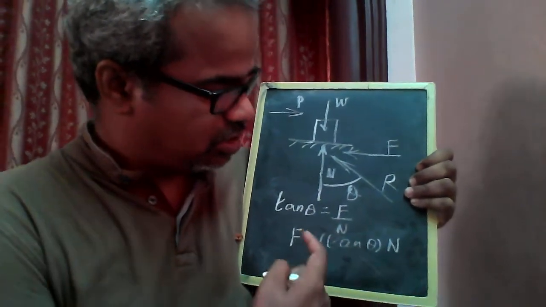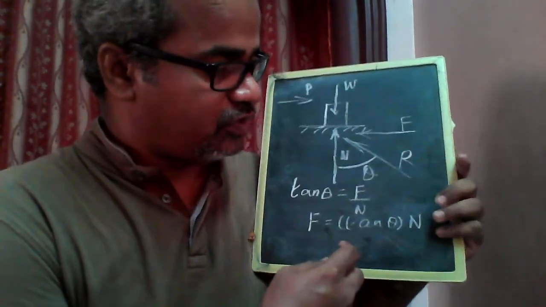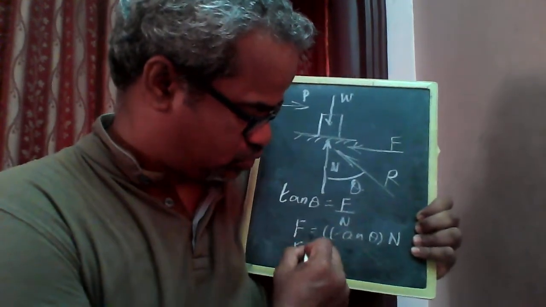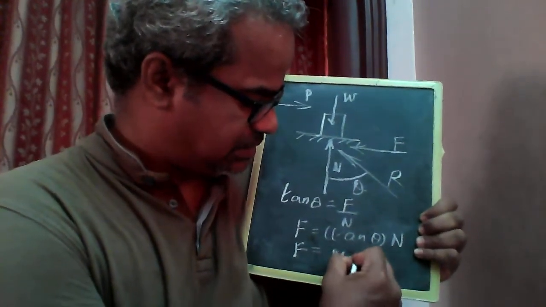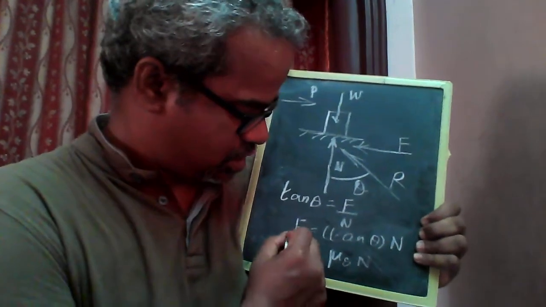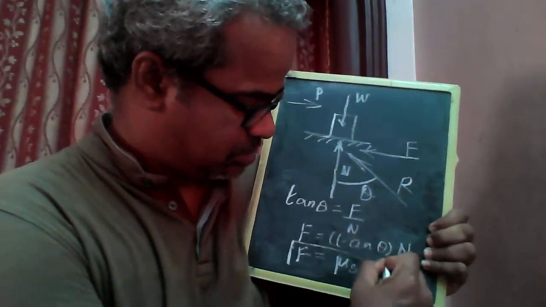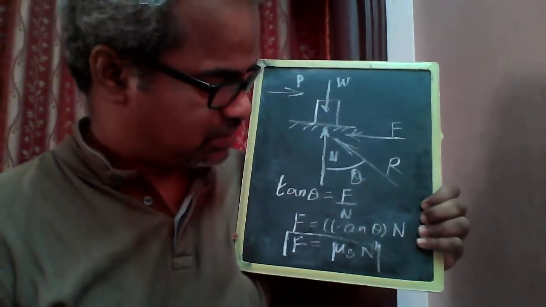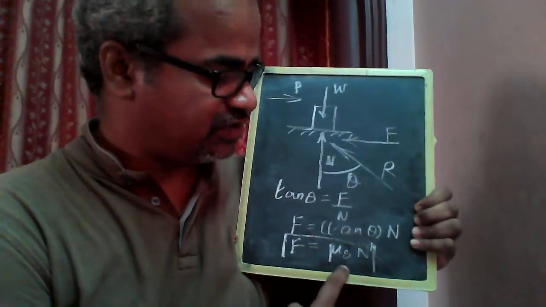That constant is called the coefficient of friction, that is mu S. F is equal to mu S into N. This is the equation of friction. Mu S is nothing but the coefficient of friction, and N is the normal reaction.